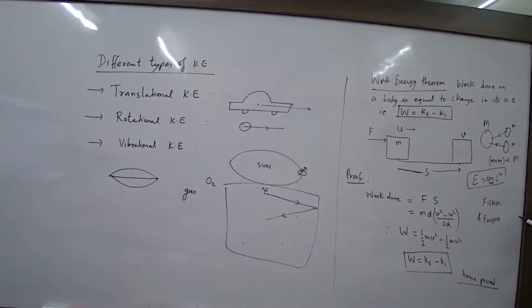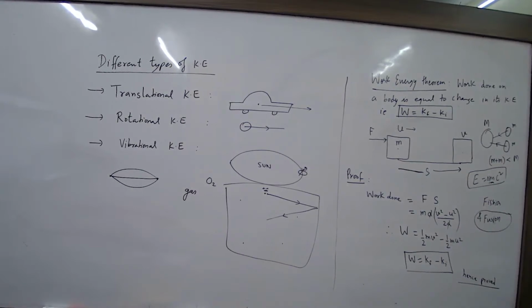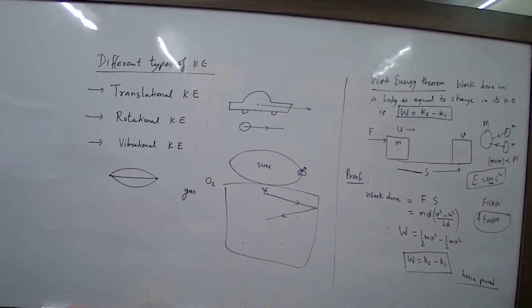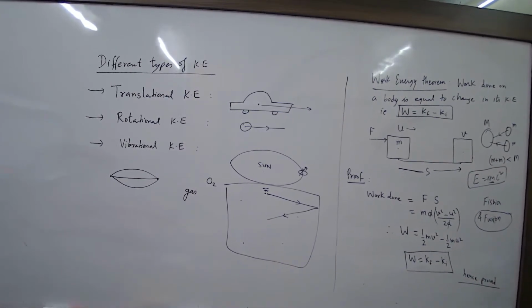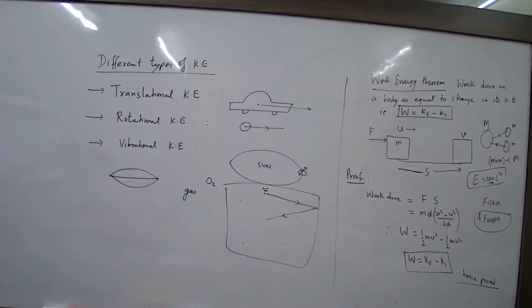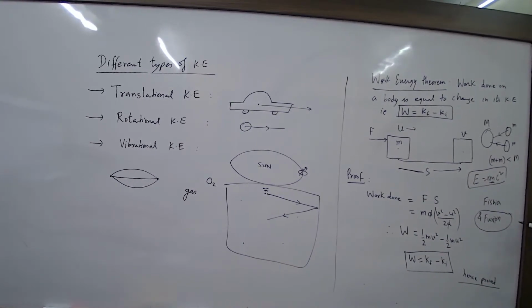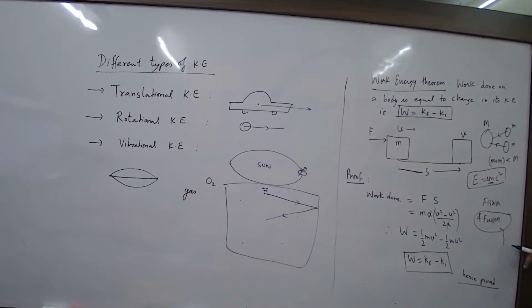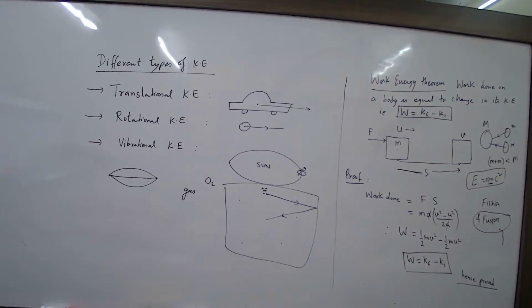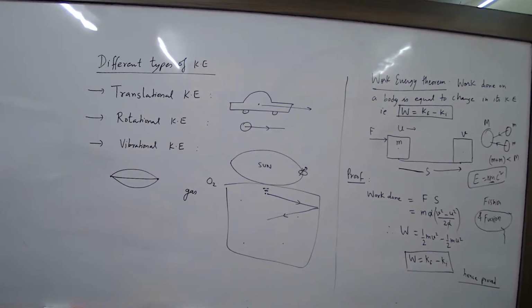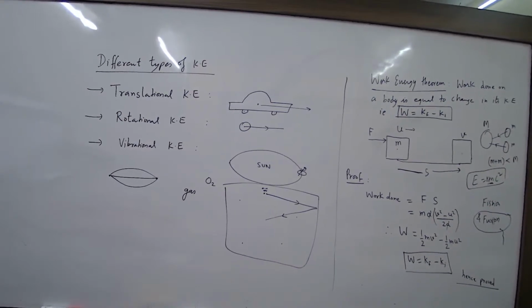So in the sun, what is the source of energy? Two hydrogen nuclei fuse to make one helium atom, and in that process, a lot of energy is created. So for the sun and stars, the source of energy is fusion.